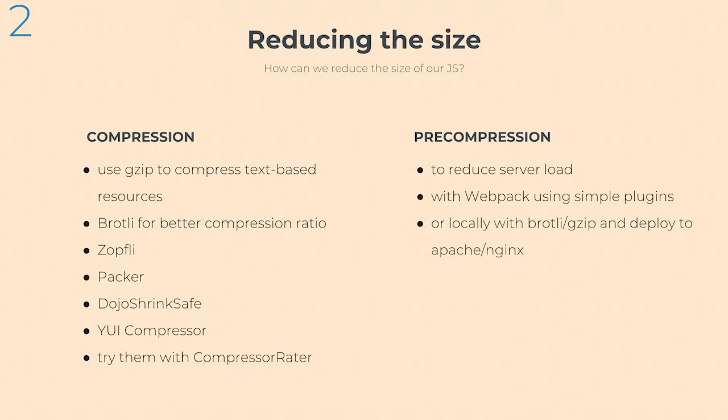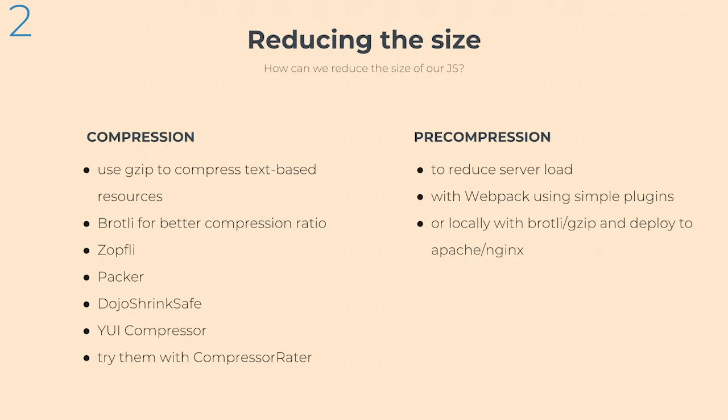The server needs to compress every time your user browses your website, and then send that back and forth for every user. So if we do that manually, we can save some CPU time on the server itself. And with this we can gain a lot of improvement on the first meaningful paint.